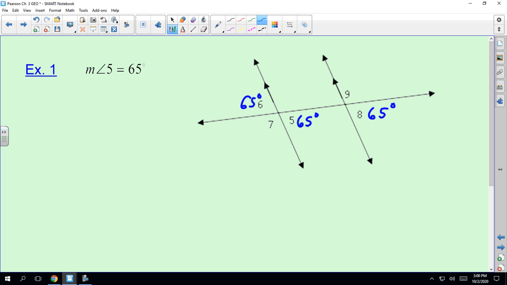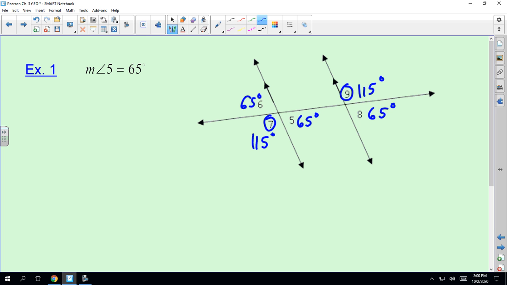I know that angle 8 and 9 add up to 180 because they make a linear pair, so 9 would be 115 degrees. And I know that angle 9 here and angle 7 here are alternate exterior angles, and alternate exterior angles are always congruent, so angle 7 would be 115 degrees.